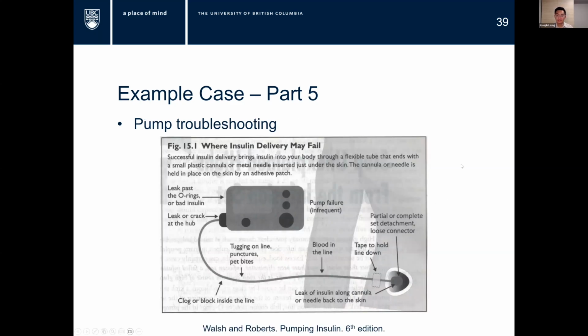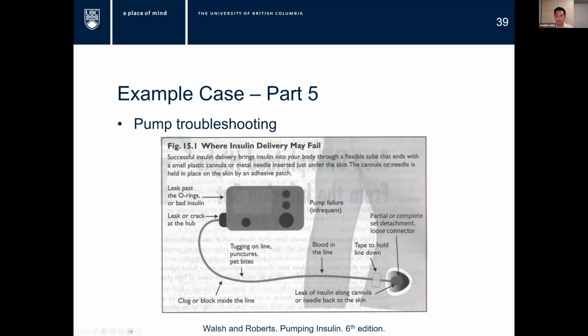This is a scan from that Pumping Insulin book, and I really like it because it shows some of the places in an insulin pump where you can have some kind of malfunctioning, whether it is a pump failure or there could be a crack in the hub, there could be punctures, pet bites inside the tube.